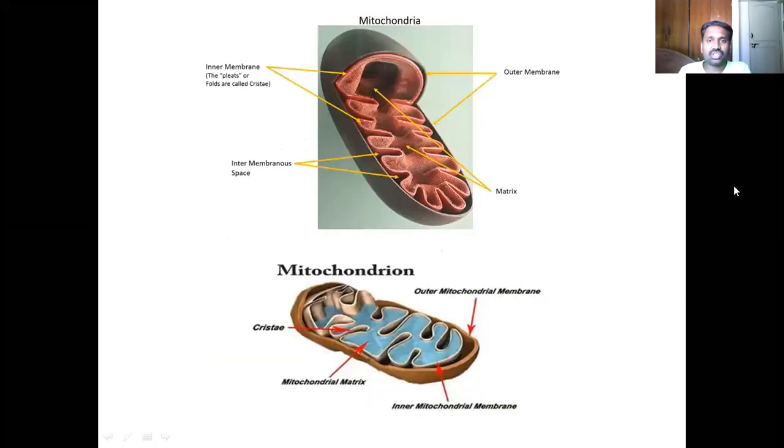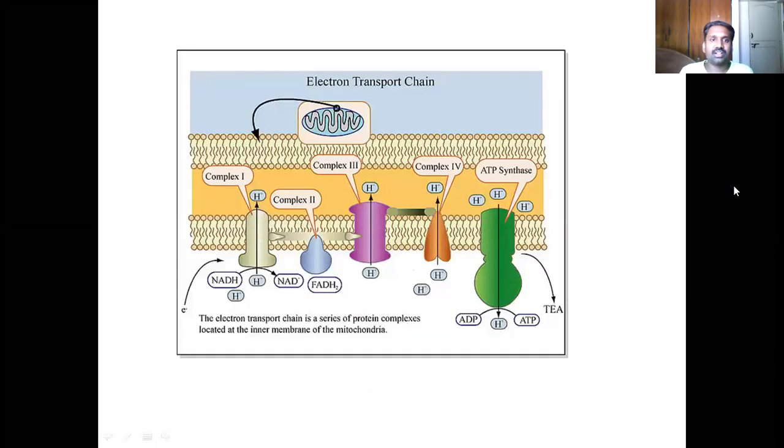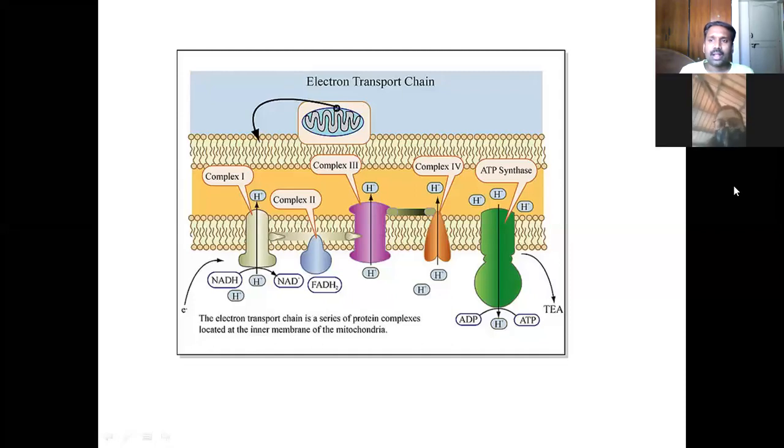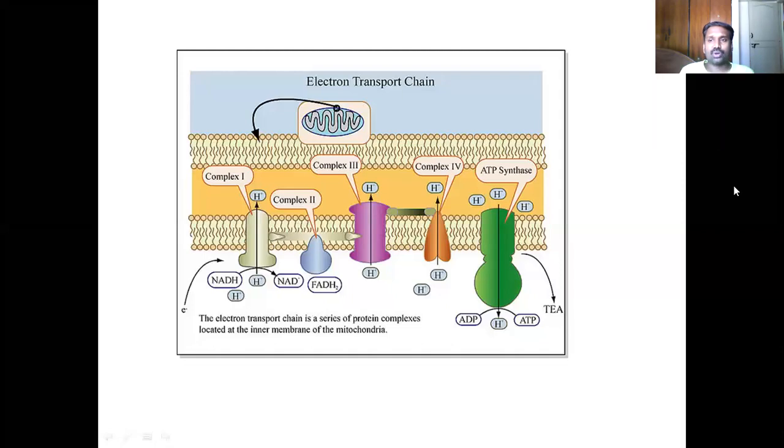It is located in the inner membrane of mitochondria. In this picture, a small portion of the membrane of the mitochondria is expanded. This is a schematic representation of mitochondria.